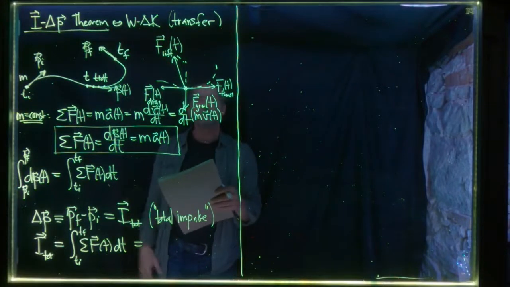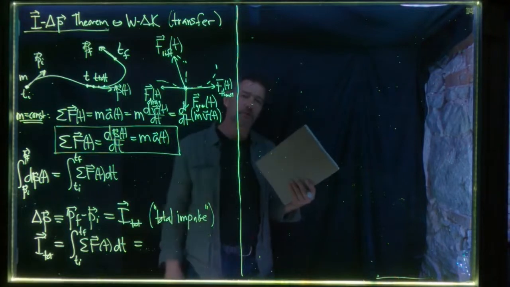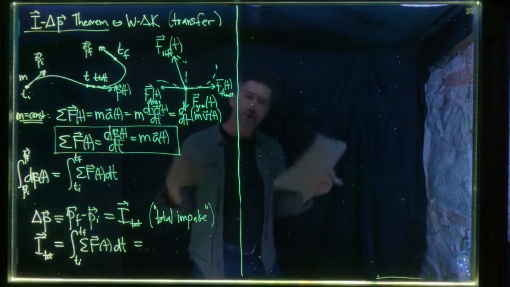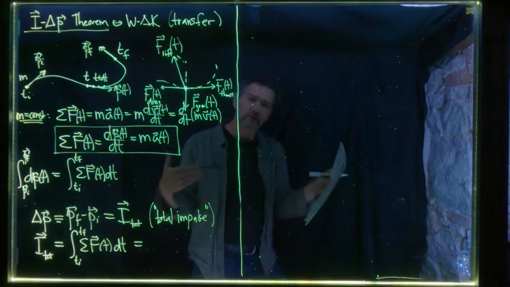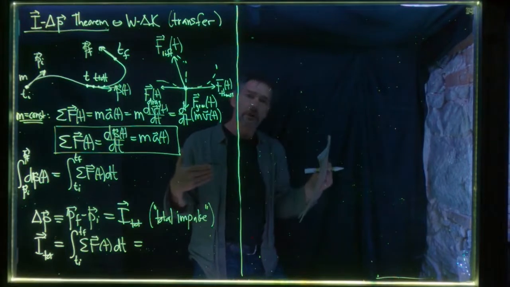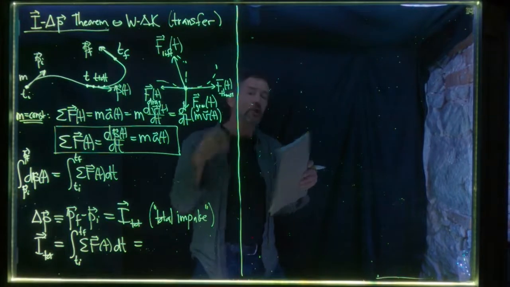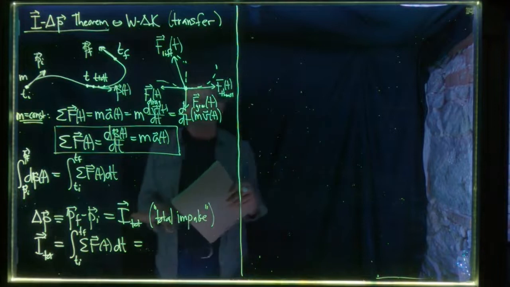And then you ask, what if instead of this complicated net force acting over time, we replace it with an equivalent constant force acting over the same time interval from t initial to t final? We choose that equivalent constant force so that it produces the same change in momentum, and imparts the same impulse.